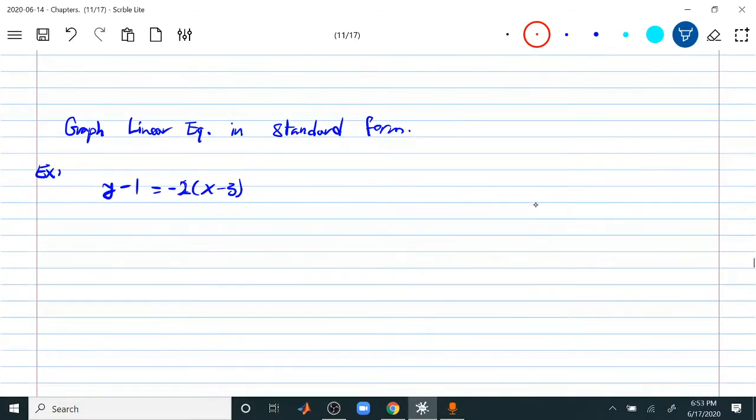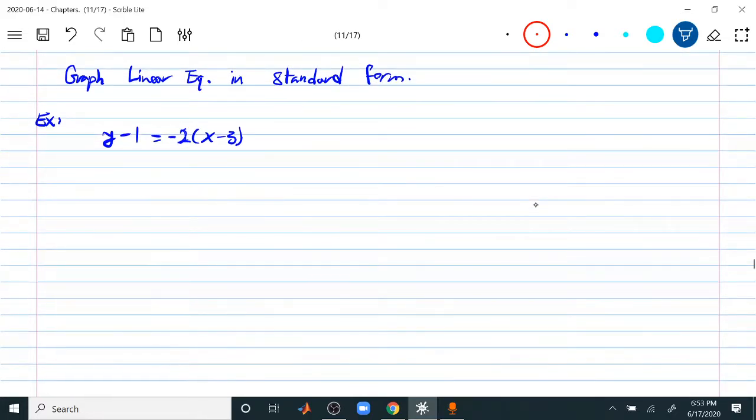What if the equation is given in a standard form? Just to remind you, the form was y minus y1 equals m times x minus x1. This is the standard form of a line. Again, m is the slope, and there is a point x1 and y1. In this case, if I compare it, I'll see that the slope is this coefficient here, -2.